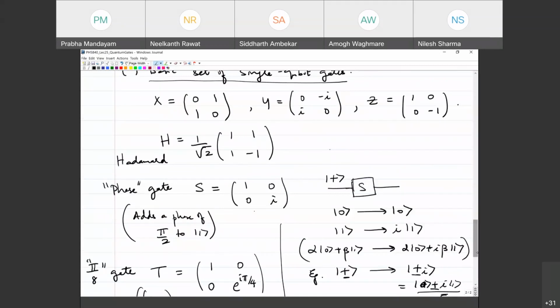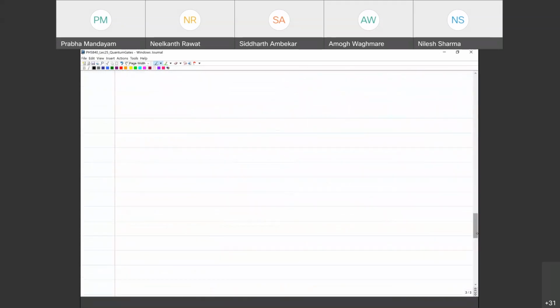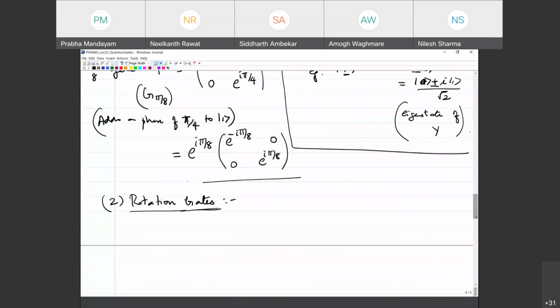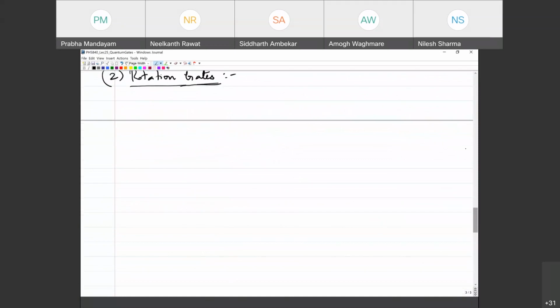Again, physics folks should be familiar with this kind of statement. It should remind you of something from classical dynamics. What does this remind you of? Okay, let me describe the rotation gates and then we'll come to this. These rotation gates are very much geometric constructions. The Bloch sphere has these three axes, x, y, and z.